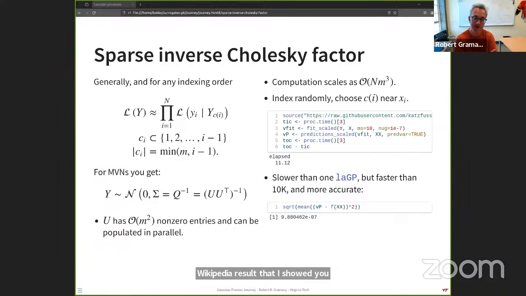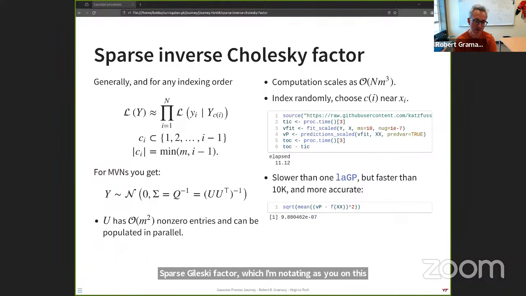So you could implement it that way. You could take all those conditionals and multiply them together. But it turns out that when you do that, you're actually working with a sparse Cholesky factor, and it's more implementationally efficient to work directly with that sparse Cholesky factor, which I'm notating as U on this slide.